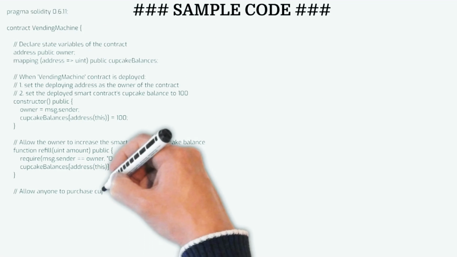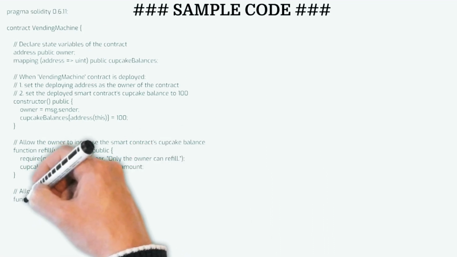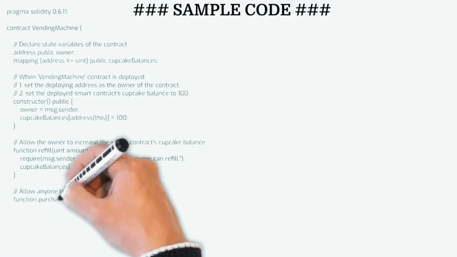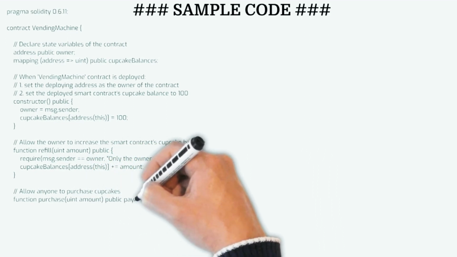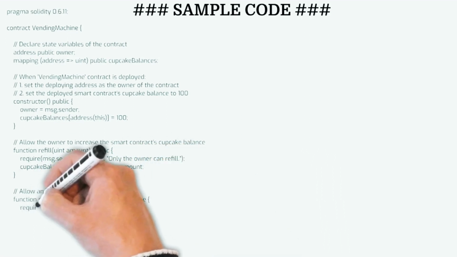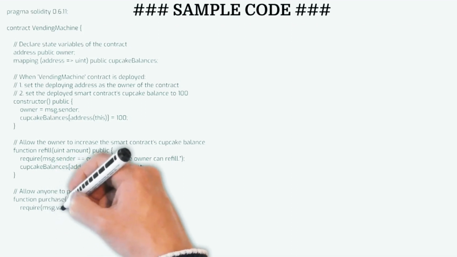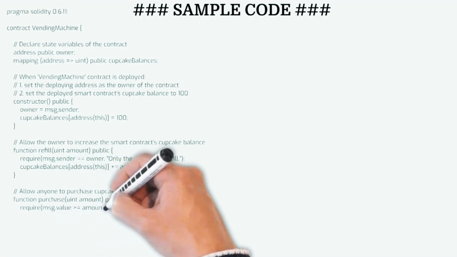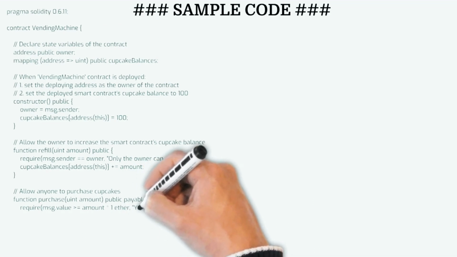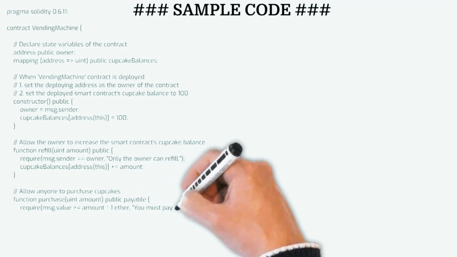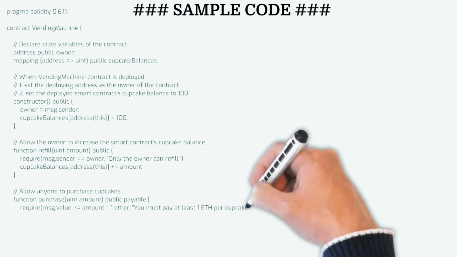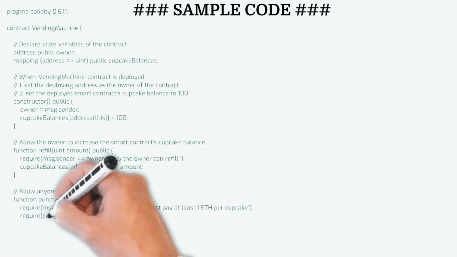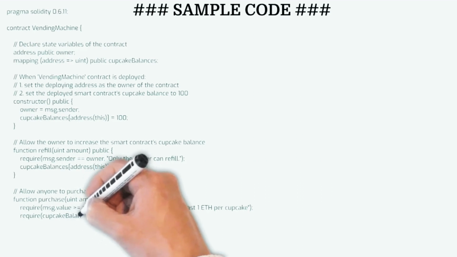Now, second step, we are allowing anyone to purchase our cupcakes, and the purchasing price will be nothing but ETH, because we are deploying the smart contract on the Ethereum network. So we'll define a function called purchase. This function will basically check two things. First, is the amount equal to 1 ETH? So we are charging 1 ETH for one cupcake.